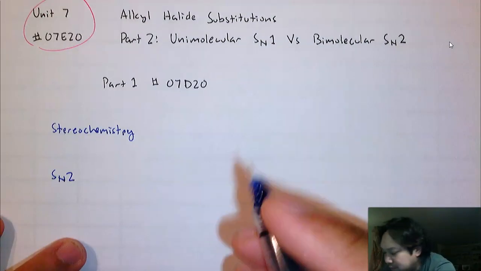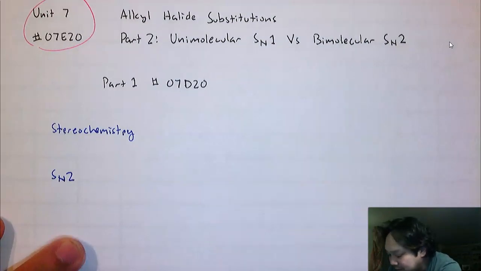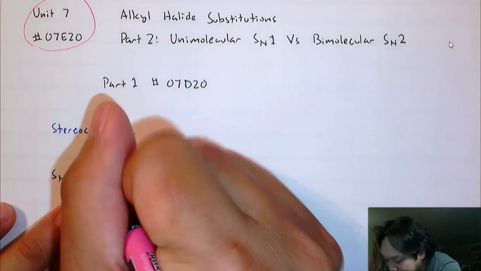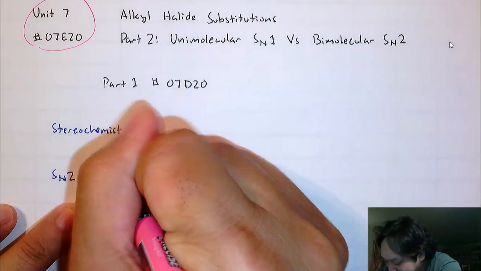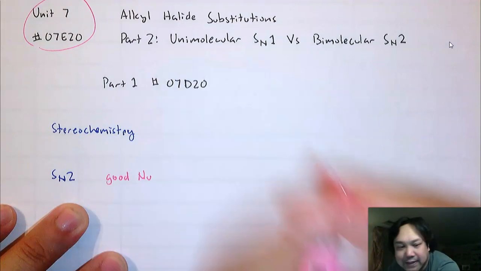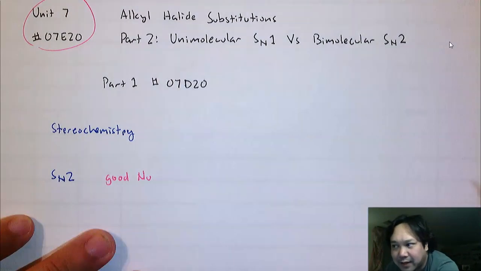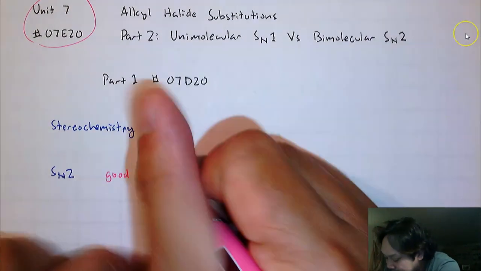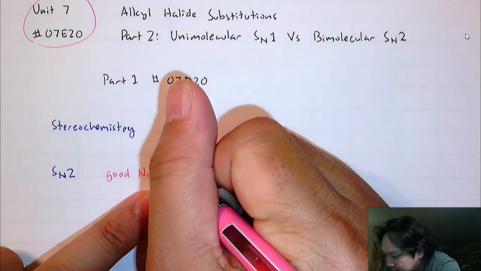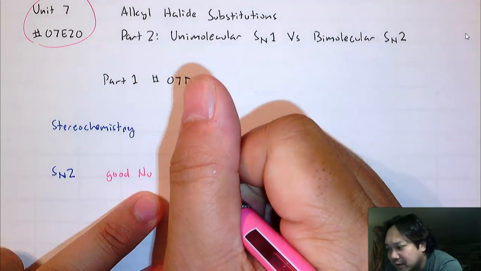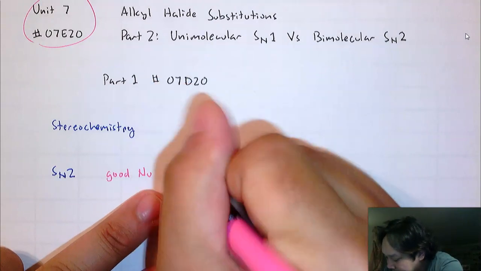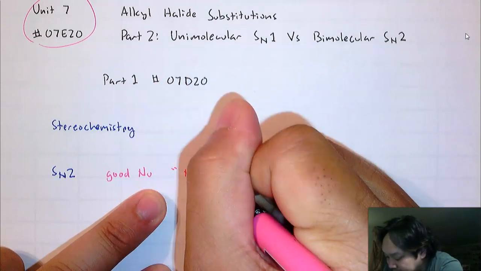With SN2, thus far, we saw that if you have a very good nucleophile, what you see is you get the attack and the leaving group leaving at the same time. So you can probably state it as the nucleophile kicks out the leaving group.